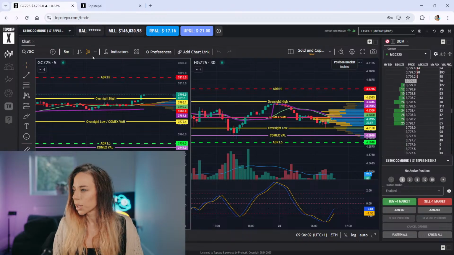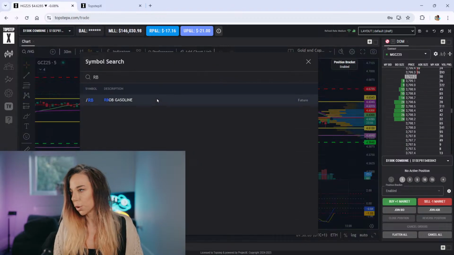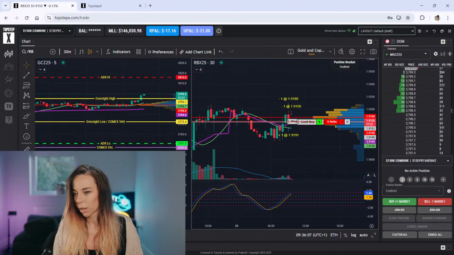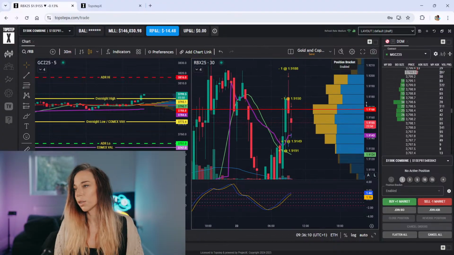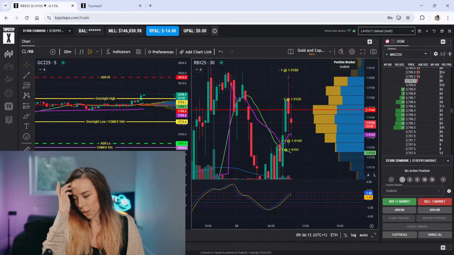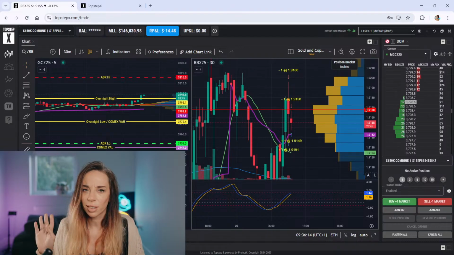Oh, I know what this is. This is the RBOB tester for the orders. Let's see. Oh yeah, okay. So that's actually working. I was testing, totally forgot.